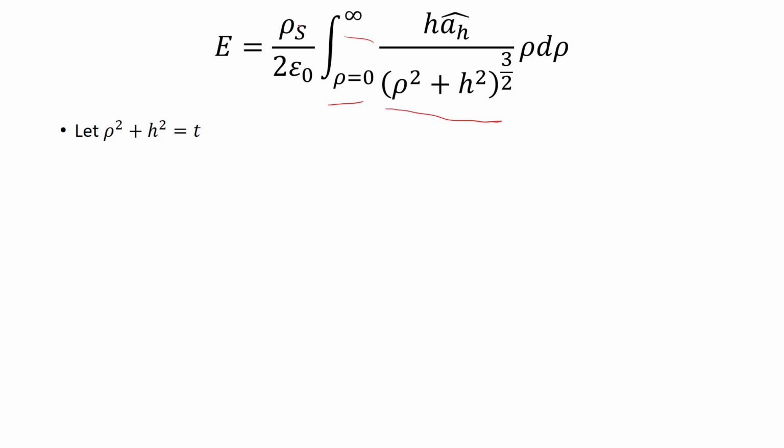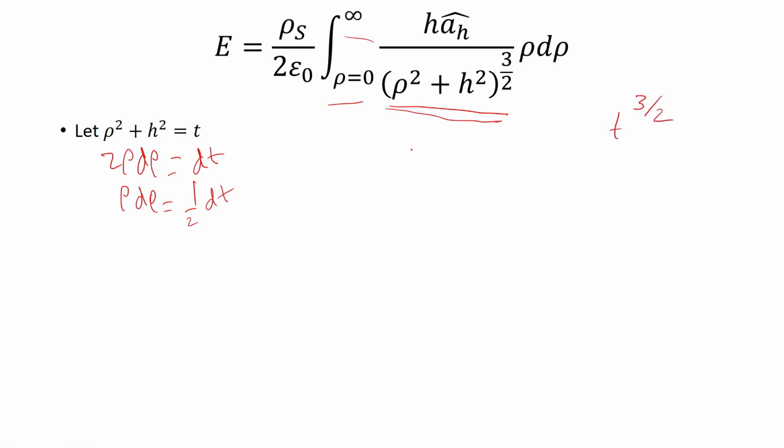Now if rho square plus h square equals t, then 2 rho d rho should equal dt, or rho d rho would equal 1 by 2 dt. And rho square plus h square to the power of 3 by 2 would be t to the power of 3 by 2.